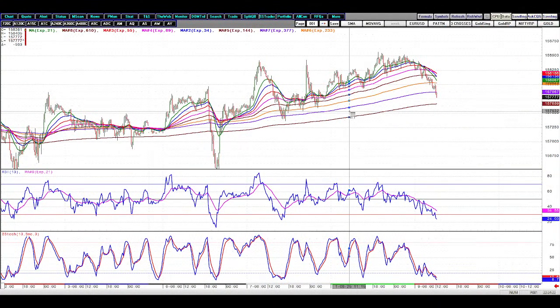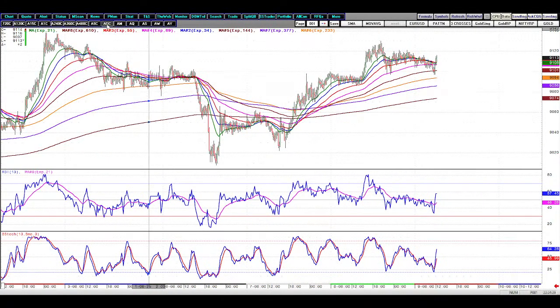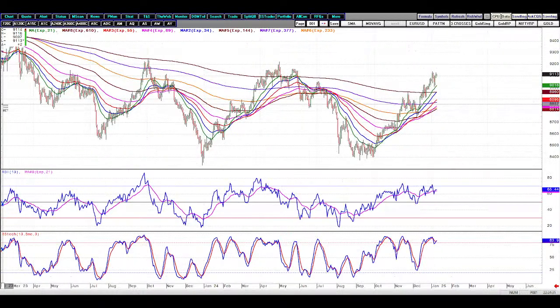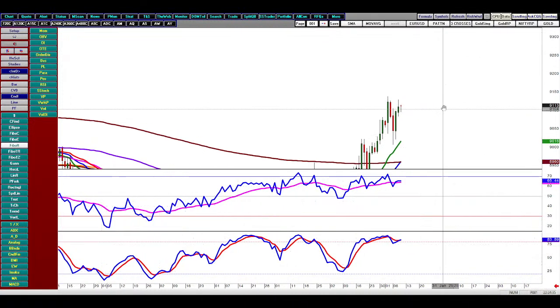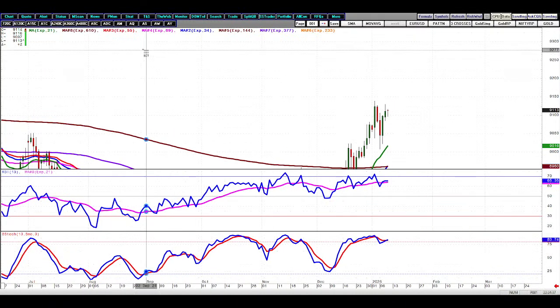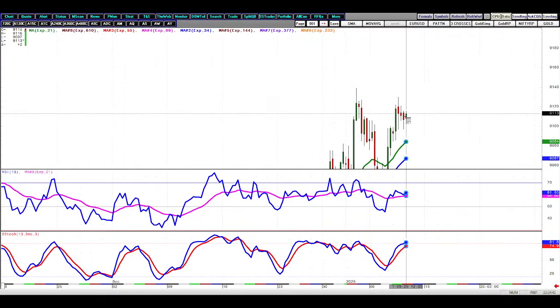So now we are going to check the chart. Chart wise, the market is showing, this is daily, still in a range, and your 360 is showing some strength but still within the range.